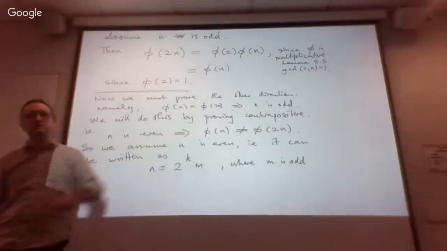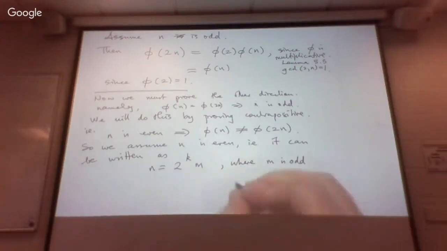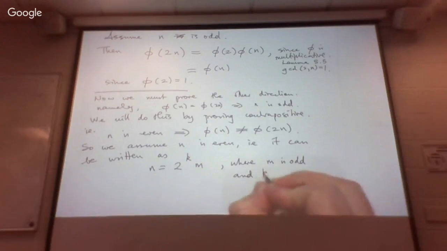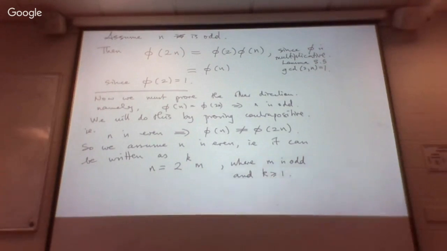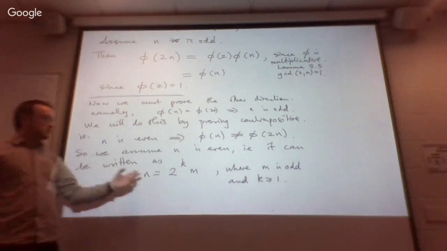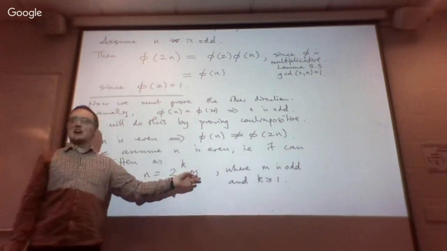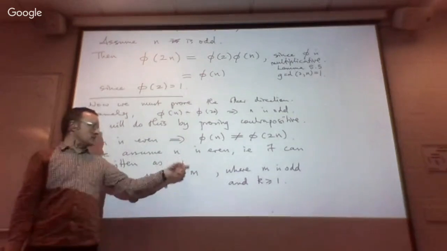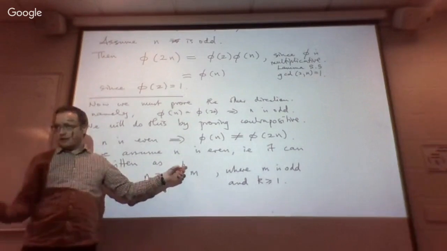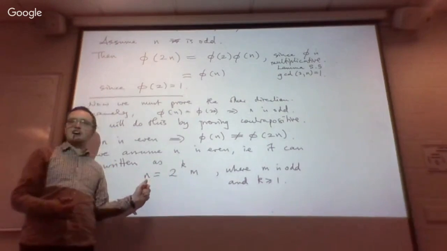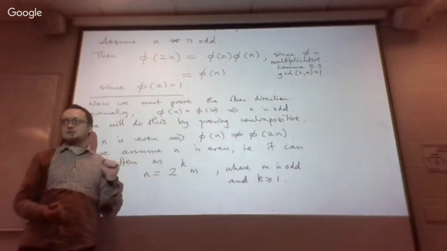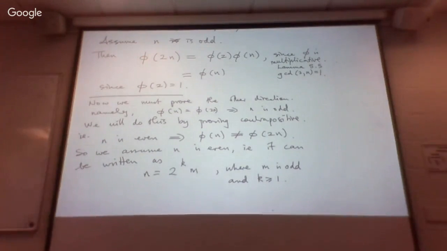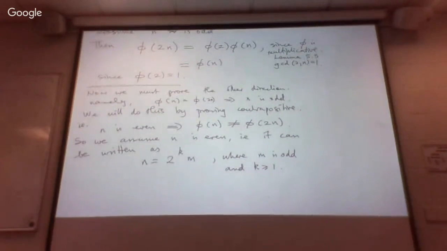So this exponent on the 2 there must be greater than or equal to 1. You can always write any integer at all as some power of 2 times an odd number, but then you have to allow that the exponent may be 0 for the odd integers. We don't have any factor of 2. But we're assuming n is even, so it has at least 1 factor.